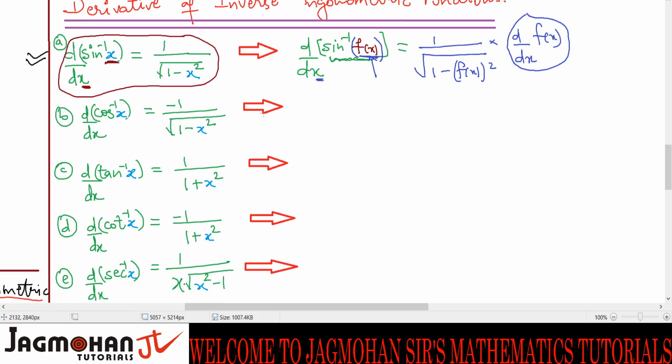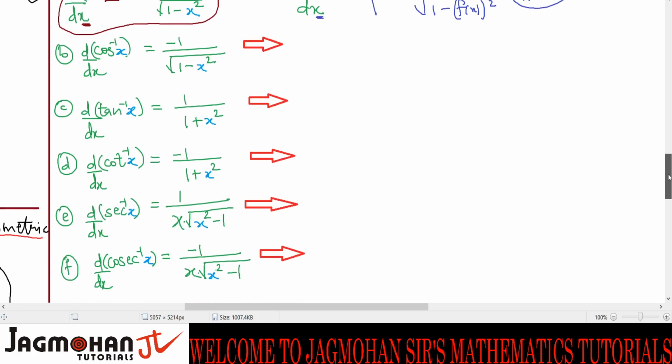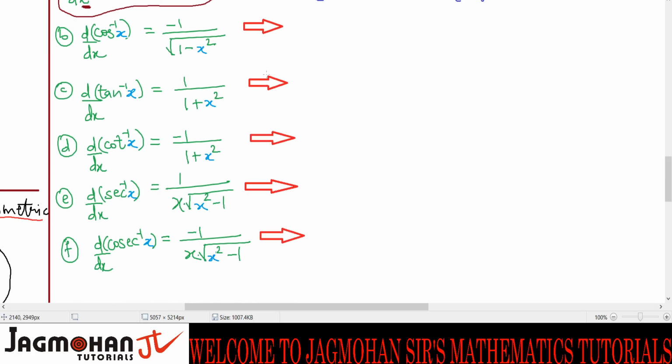Now you will follow this and write for cos inverse x on your own. You will write d by dx of cos inverse f of x. I shall write it for d by dx of tan inverse f of x. You can pause the video and write it on your own. Tell me what will this be?